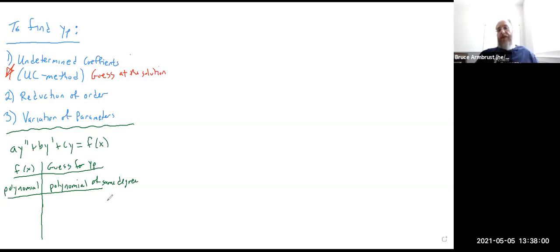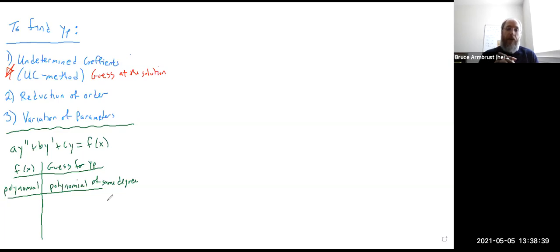If f of x is a quadratic, we will guess a general quadratic. If it's a cubic, we'll guess a general cubic, and so on. It should make sense, right? Let's say that f of x is degree 5. The only way I can get 5th degree pieces is if my y is 5th degree, because y prime is going to be lower degree, and y double prime is going to be lower degree. When you differentiate, you drop degree. So the highest degree is going to show up in y.